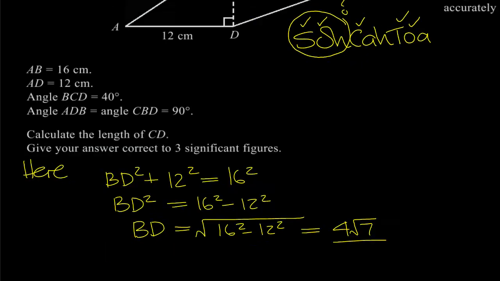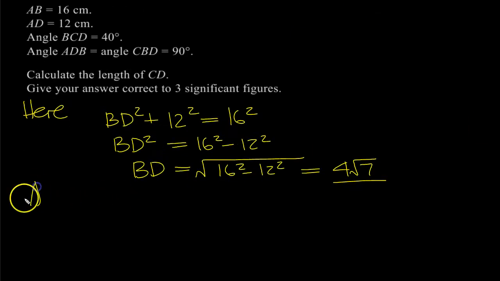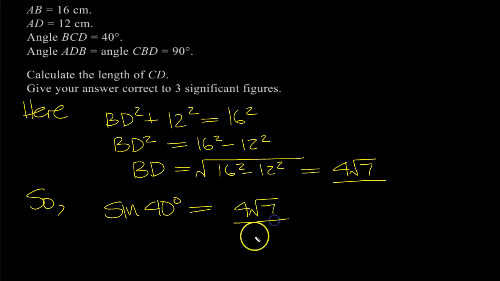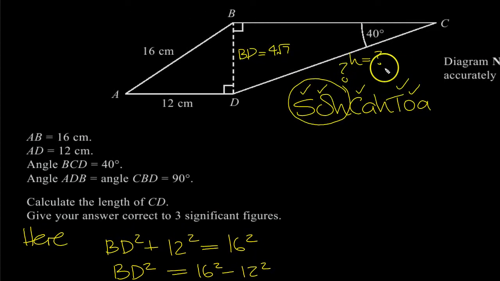The opposite is 4 root 7. So the sine of the angle, which was 40 degrees, is equal to the opposite, which we said was BD, 4 root 7, over the hypotenuse, H, which we've labelled H here.